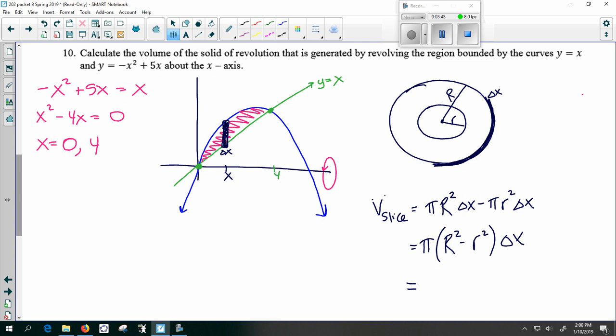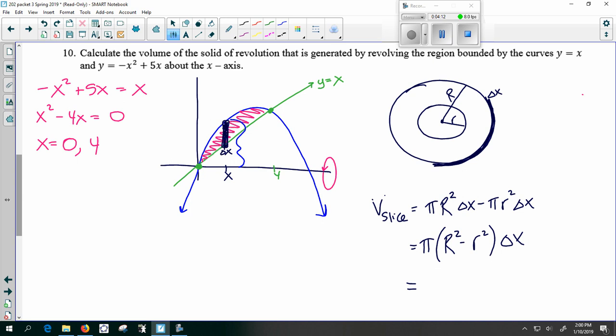So big R is the larger outer radius when you're rotating this purple rectangle about the x-axis. So my larger radius is the distance from the center, which is the x-axis, up to the blue curve, which is negative x squared plus 5x. So at a distance of x from the origin, the y value at the blue curve is negative x squared plus 5x.